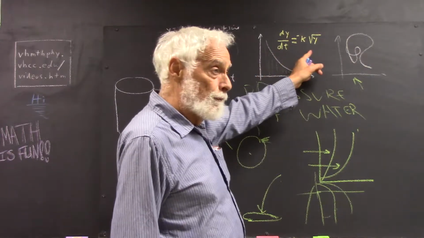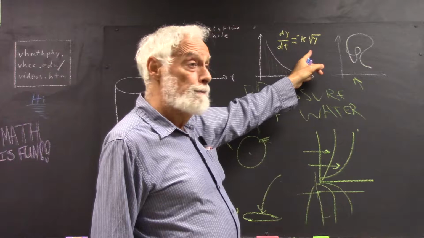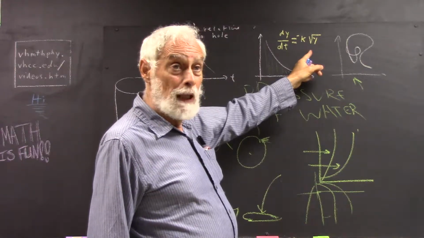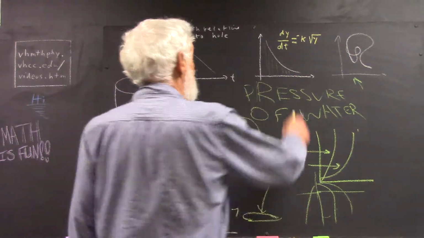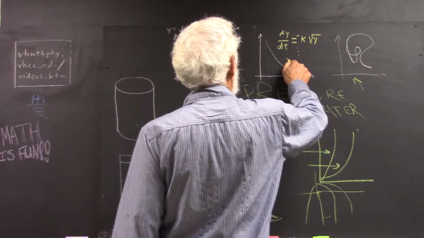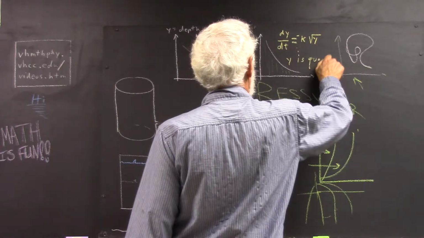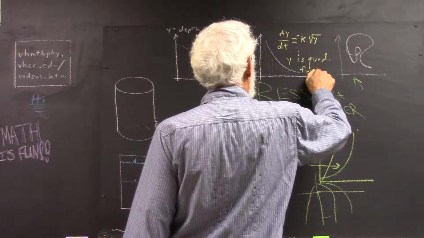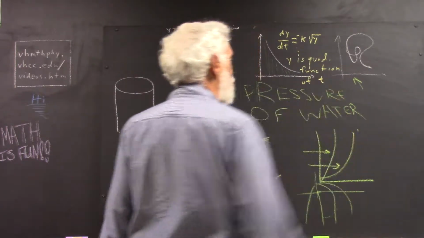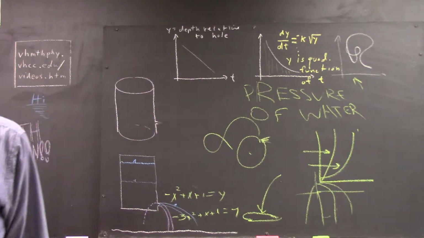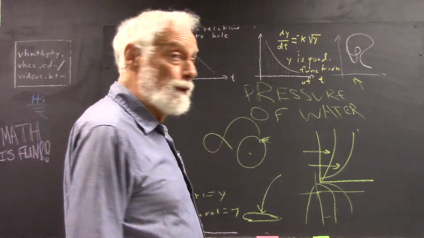So, if you have this, then, by magic, y is a quadratic function of t. And the magic is the magic of calculus and differential equations.